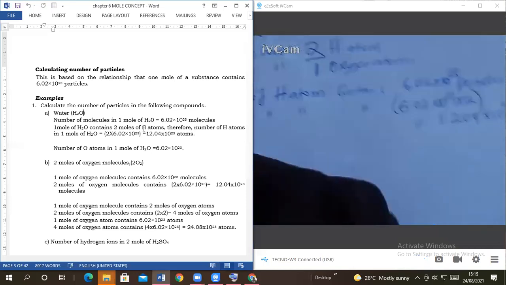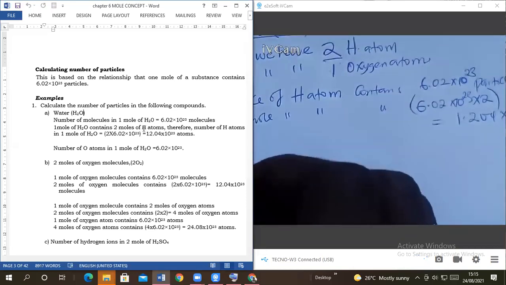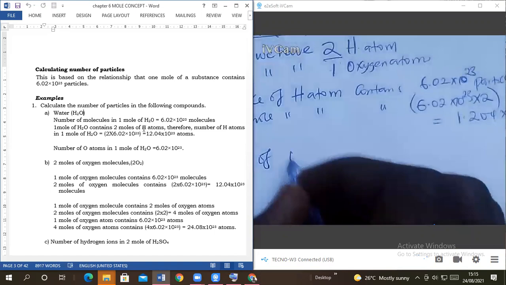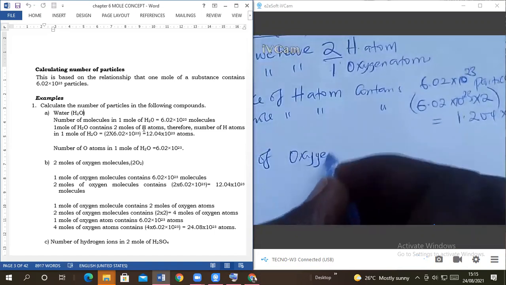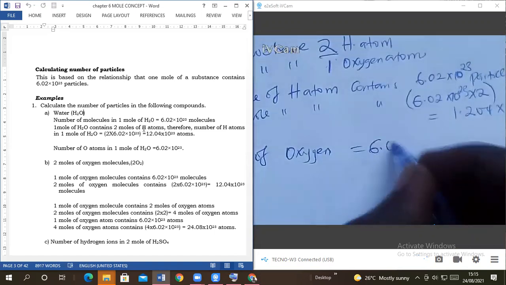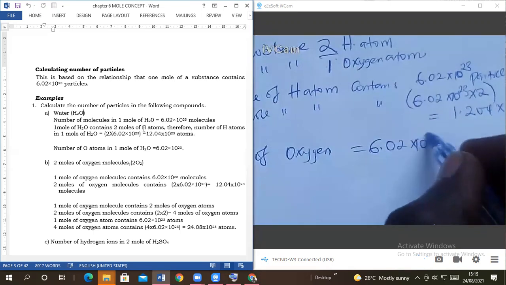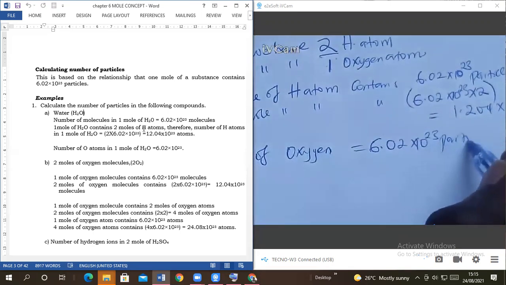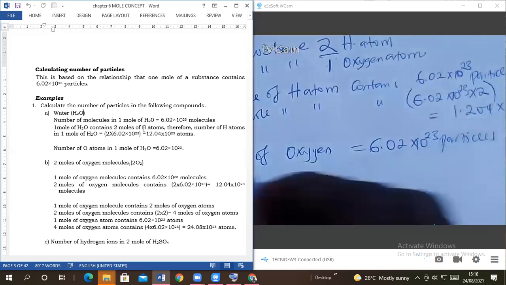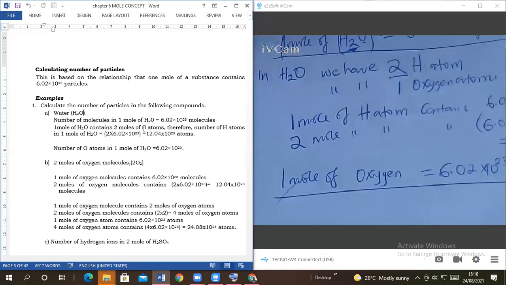Okay? The ones of oxygen, in water we have 1 mole of oxygen. That is equivalent to 6.02 times 10 to the power 23 particles. Those are the number of particles there in water.